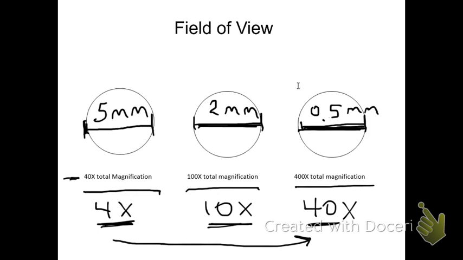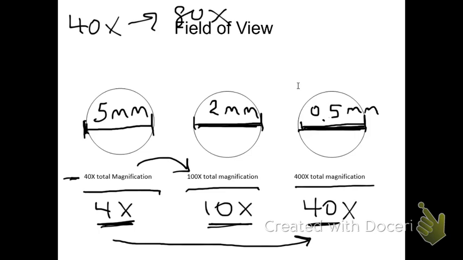So what is the relationship here? If I am going from a total magnification of 40 up to a magnification of 100, what fold increase in magnification am I experiencing? Let me rephrase that. If I said I was going from 40x up to 80x, do you agree? You would probably say, oh, that's twice as large.